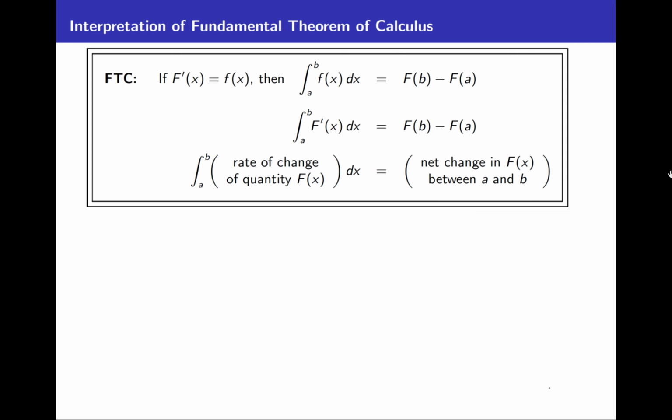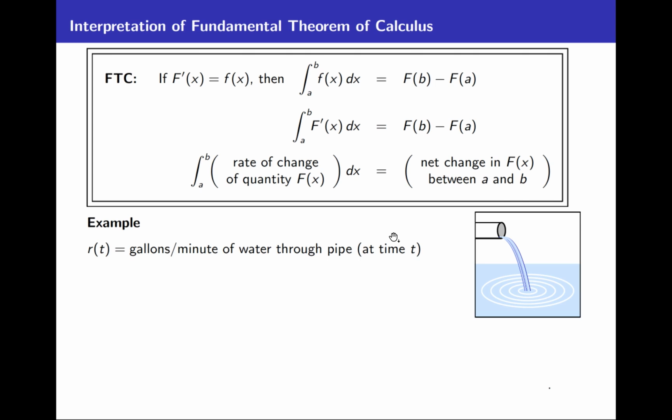As an example of this, imagine a situation where you have water gushing out of a pipe into a reservoir. And here we'll use the variable t for time rather than the variable x. Consider the function r of t, which is the number of gallons per minute of the water flowing through that pipe at time t. And let's say that t is the number of minutes after midnight on a particular day.